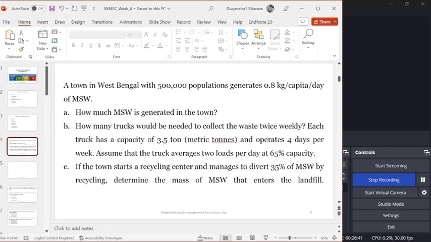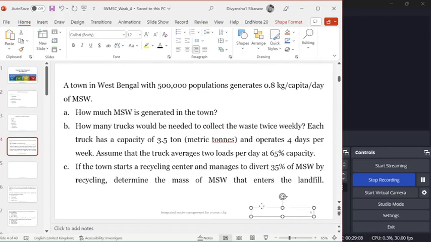For the second question: how many trucks would be needed to collect the waste twice weekly? Each truck has a capacity of 3.5 tons and operates 4 days per week. Assume that the truck averages 2 loads per day at 65% capacity.